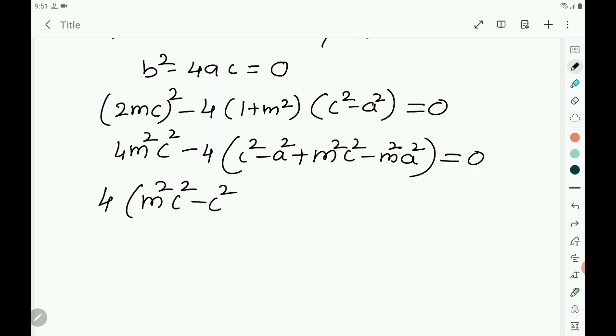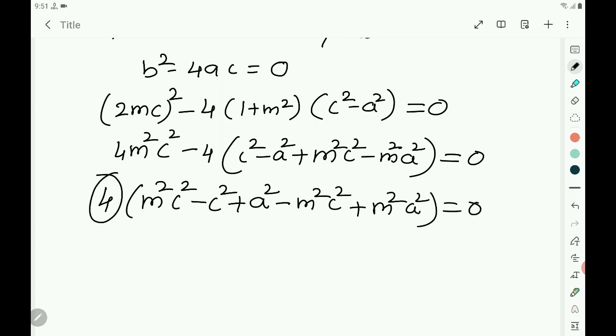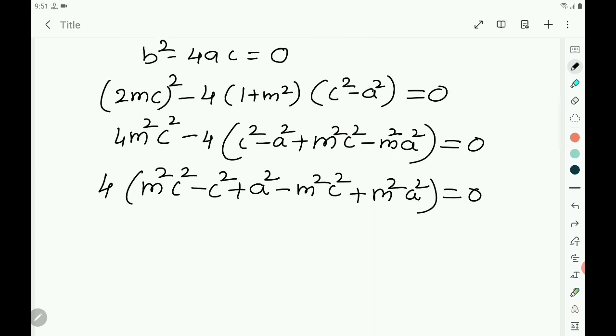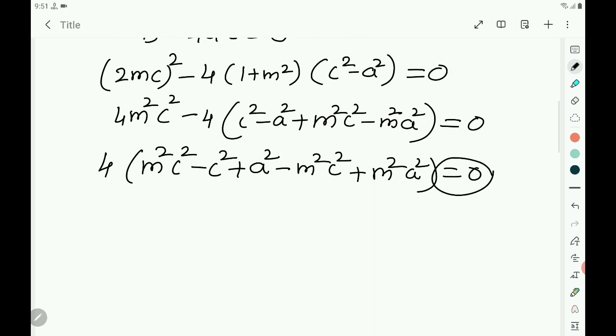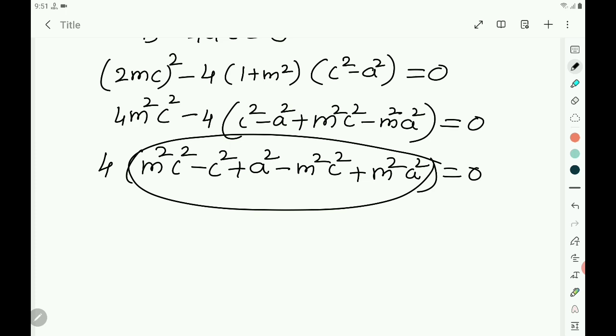Minus into minus is plus a². Minus into plus is −m²c². Minus into minus is plus m²a², equals 0. You can remove that 4, because equals 0 is there.